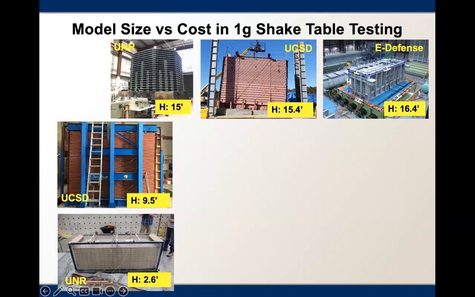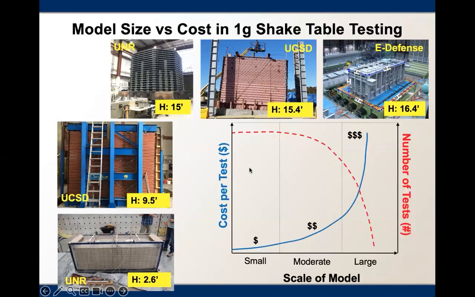Then there is UNR's recently completed soil box, 15 feet in height. Then another one at UCSD, 9.5 feet. And at the very bottom is another UNR box, 2.6 feet in height.